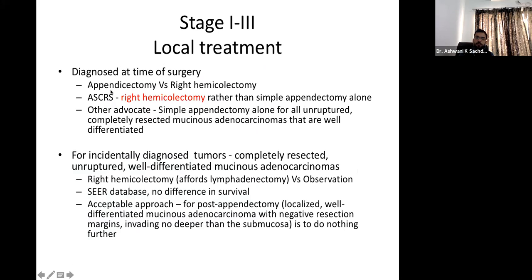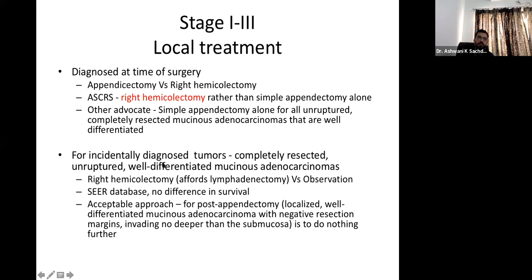So there are different opinions about appendicectomy and right hemicolectomy between various groups, but the American Society of Colorectal Surgeons have recommended right hemicolectomy rather than simple appendectomy alone, and others have advocated simple appendectomy for all unruptured, completely resected mucinous tumors that are well differentiated. So this is difficult to know at that time, differentiation. So right hemicolectomy to be done at the time of surgery if it is diagnosed.